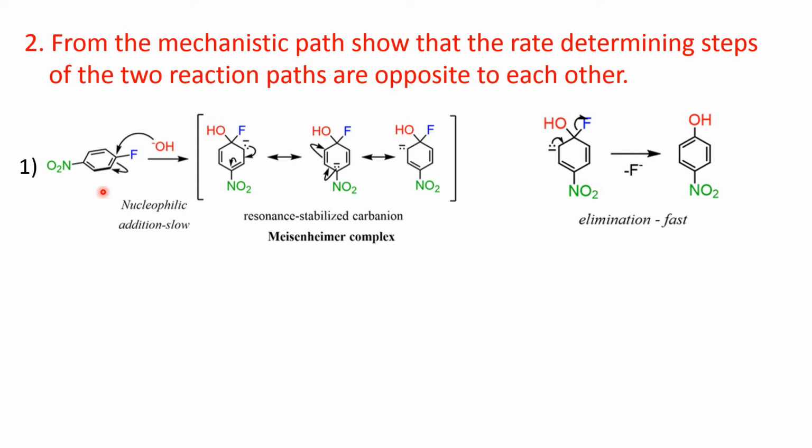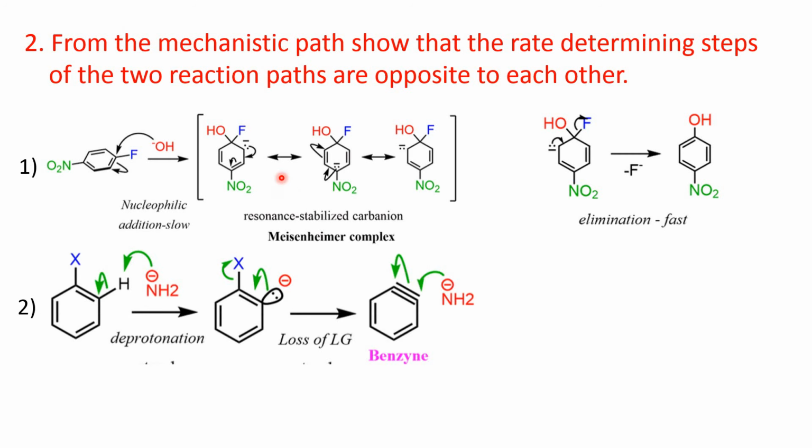This is the first step. This is the slow step, that is the rate determining step. Now, in the second mechanism, known as the elimination-addition mechanism, the first step and rate determining step is the elimination, where the nucleophile takes the beta hydrogen atom with respect to the leaving group, this ortho position, that is also the beta position.